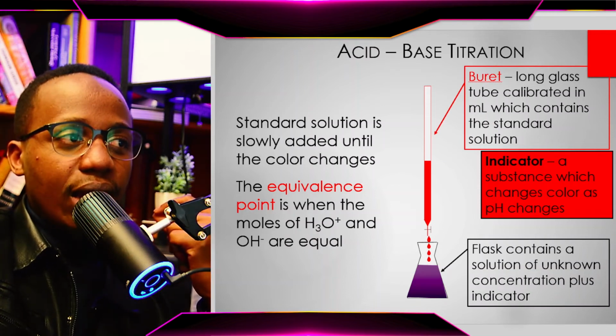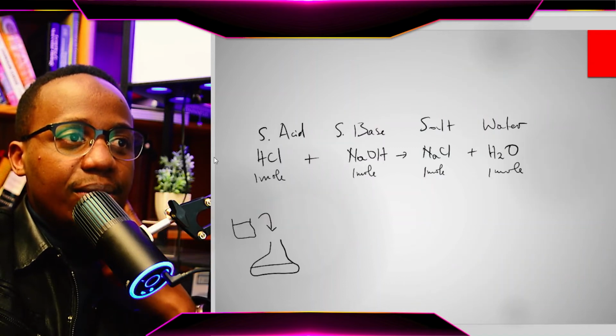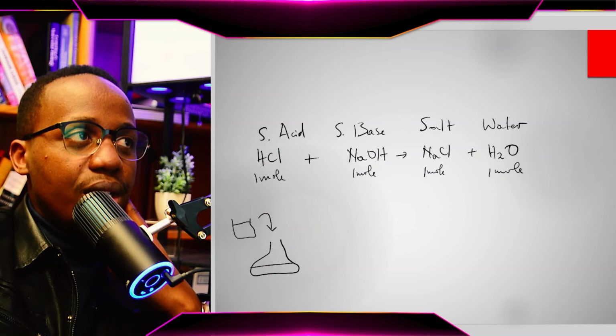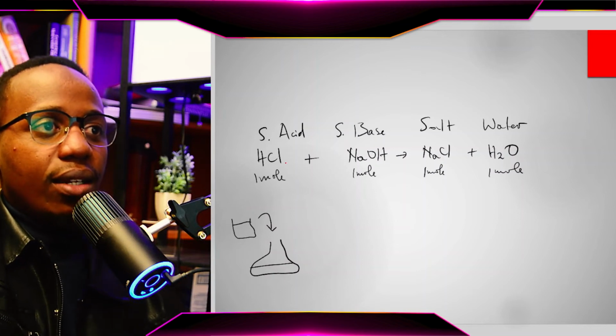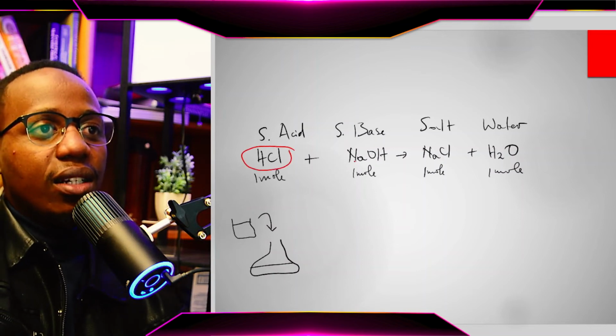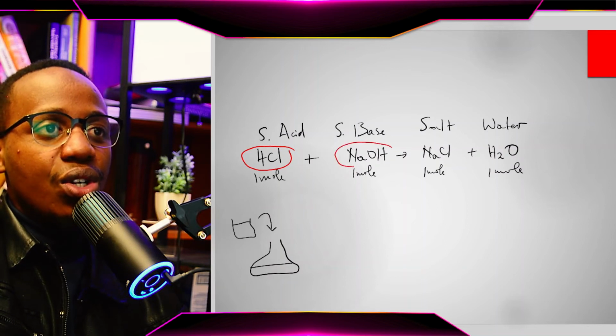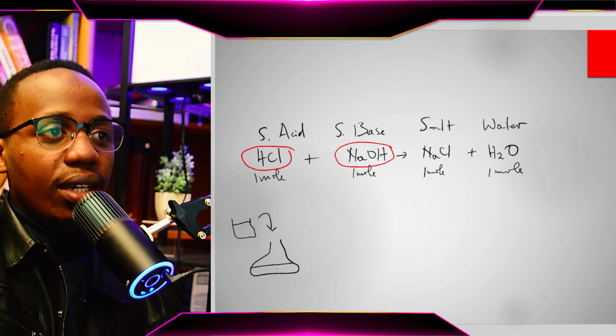So, for example, we can have an unknown concentration of HCl, and then a known concentration of NaOH, and then we start with HCl here, unknown.